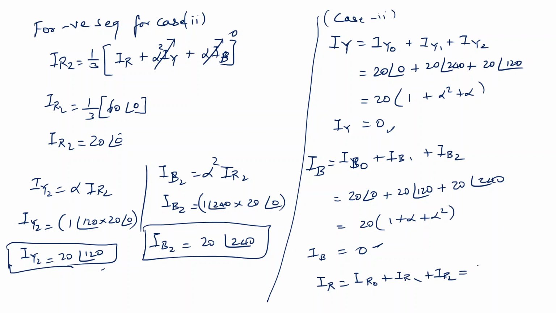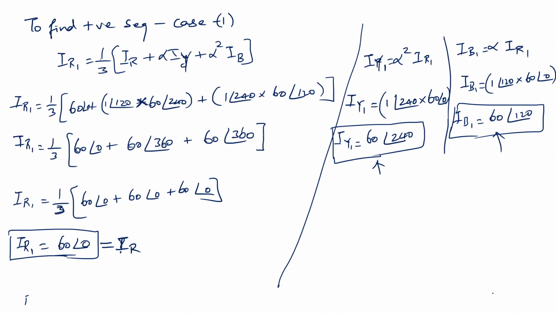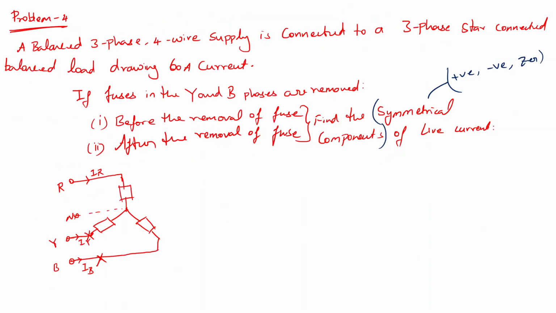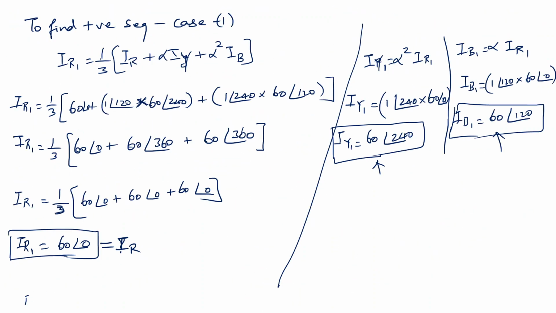So it is 20 angle 0 plus 20 angle 0 plus 20 angle 0. So how much? 60 angle 0 we are getting for IR. What does it mean? For case 2, if I remove the Y phase and B phase fuses, only in the R phase I am getting 60 angle 0. That is the total current in the actual circuit.